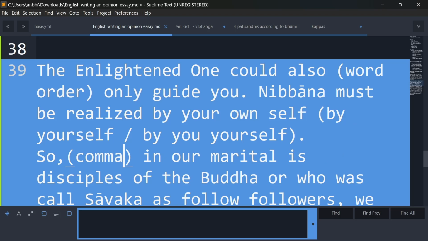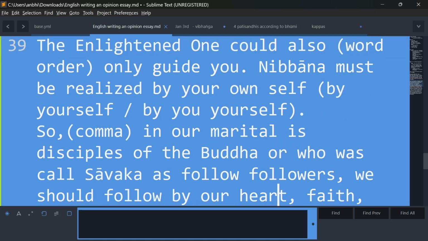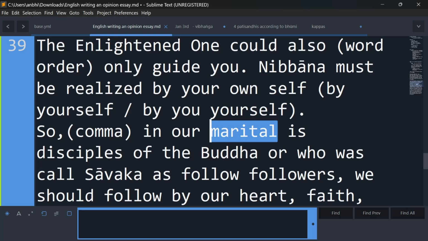So, comma here, right? In our marital. What is this? I don't know. What does he mean? In our marital. Married? Can we try to read the whole sentence?